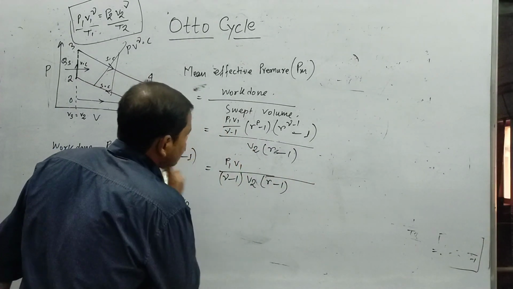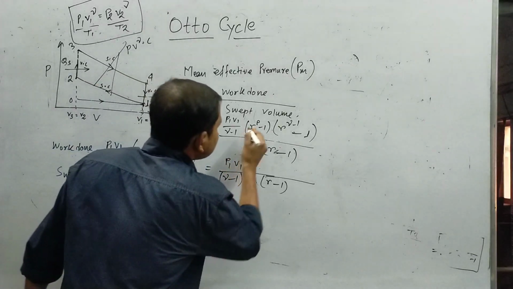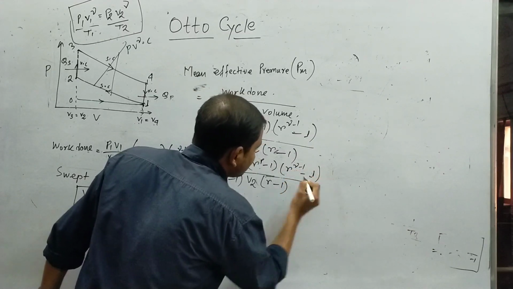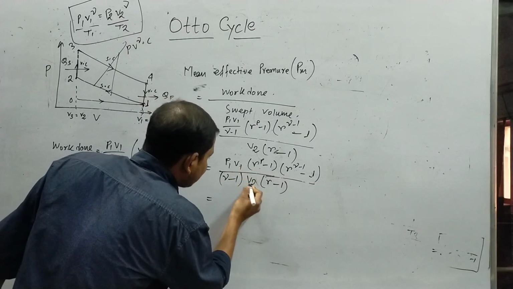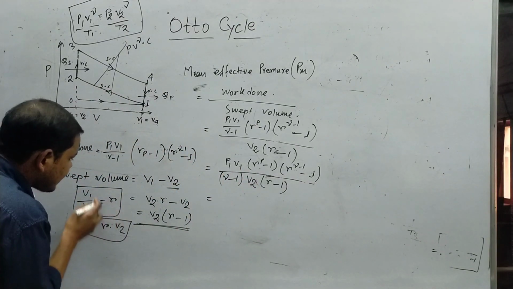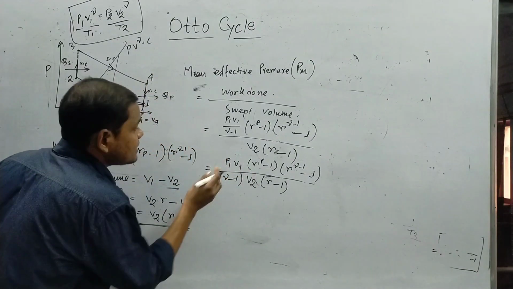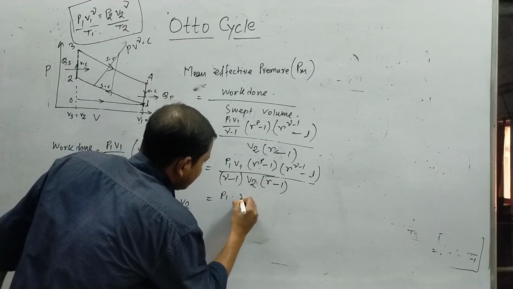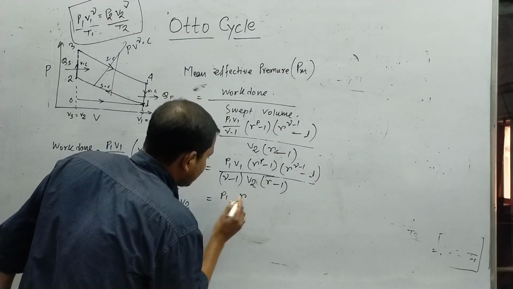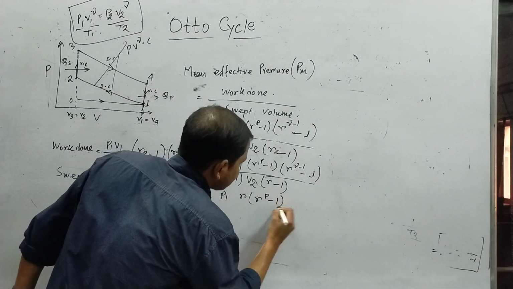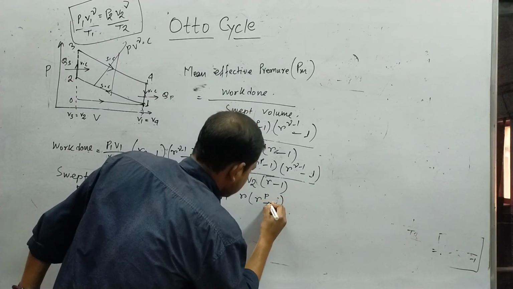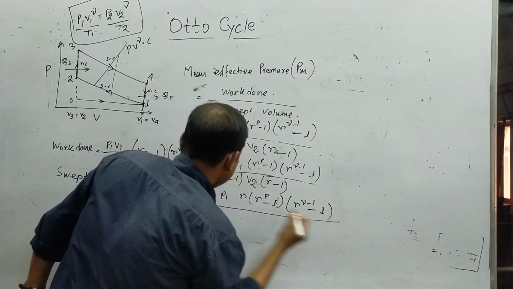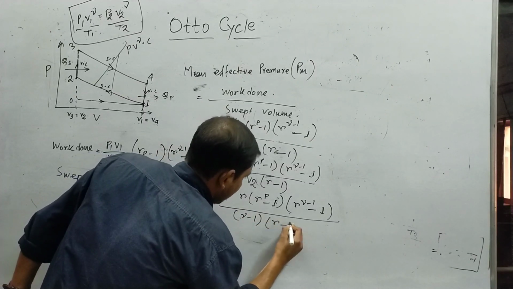We can rewrite the equation like this, with Rp minus 1 into R to the power gamma minus 1 minus 1 on top. Now V1 by V2 is the compression ratio R. So we get P1 into R into Rp minus 1 into R to the power gamma minus 1, divided by gamma minus 1 into R minus 1.